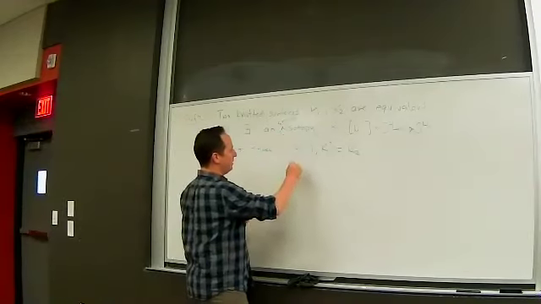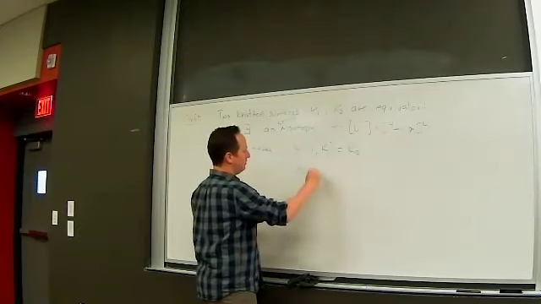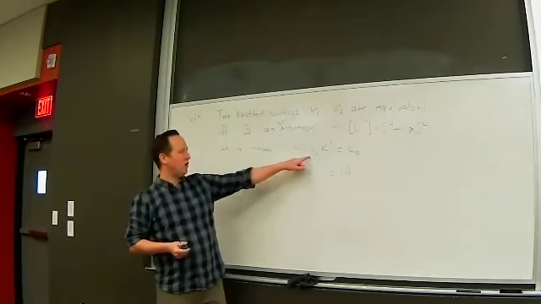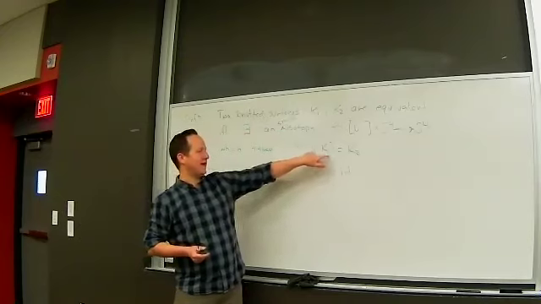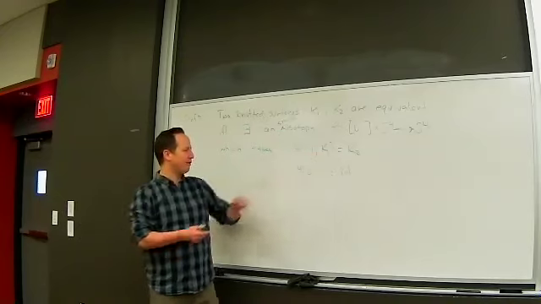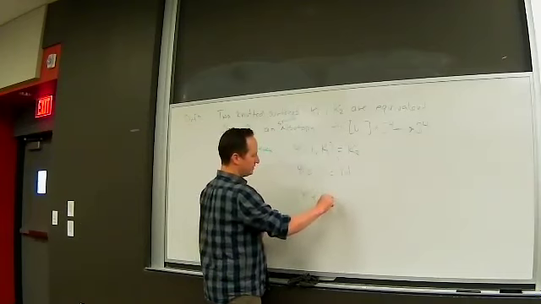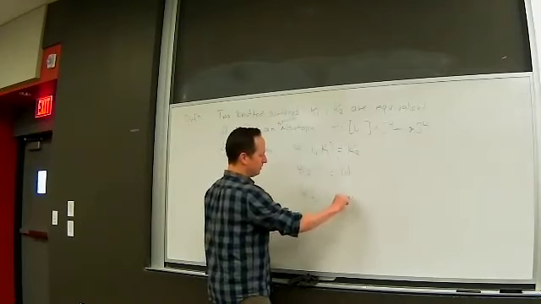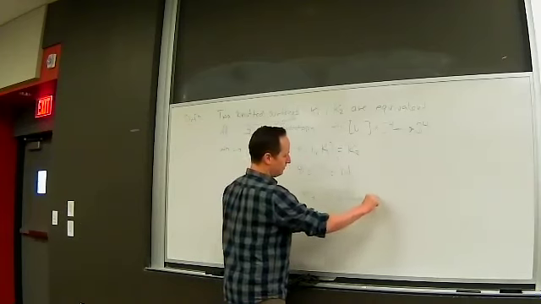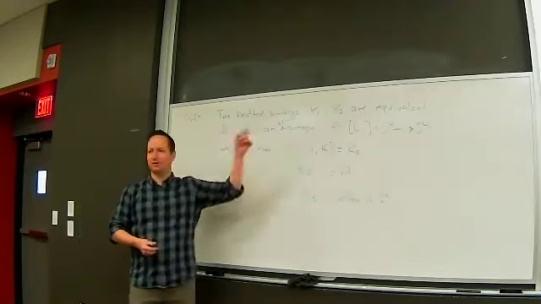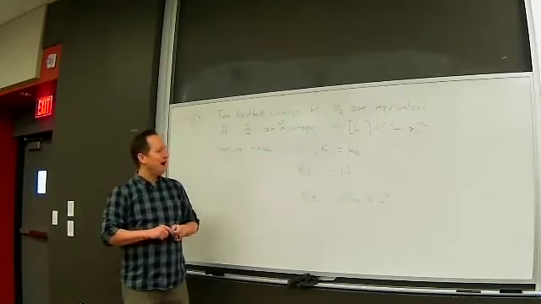If it's an isotopy, phi_0 is just the identity map. Phi_1 should take K1 to K2, and everywhere in between, phi_t is a diffeomorphism of S4. I also want it to vary smoothly with t.